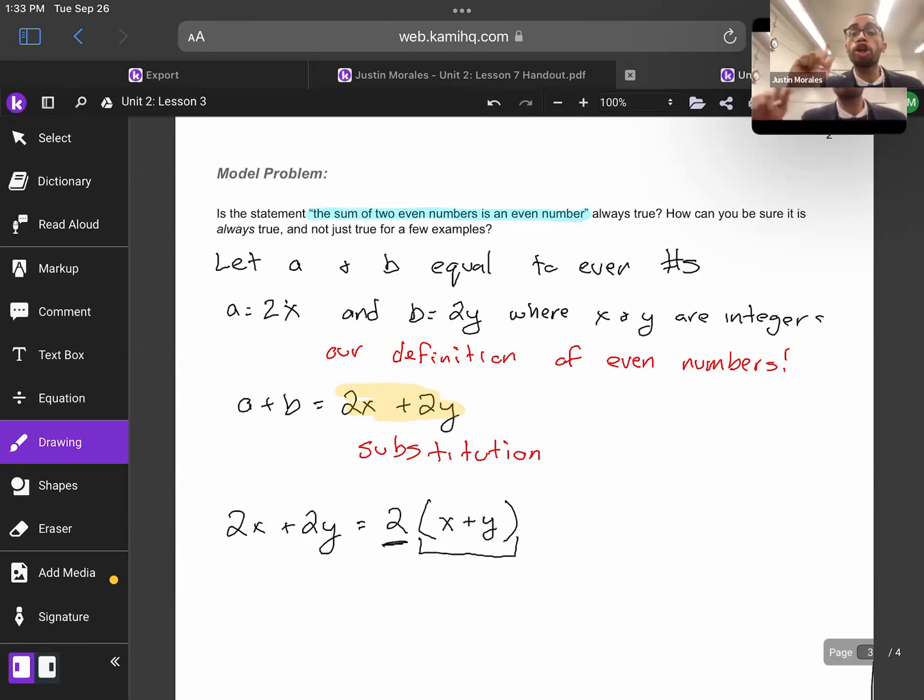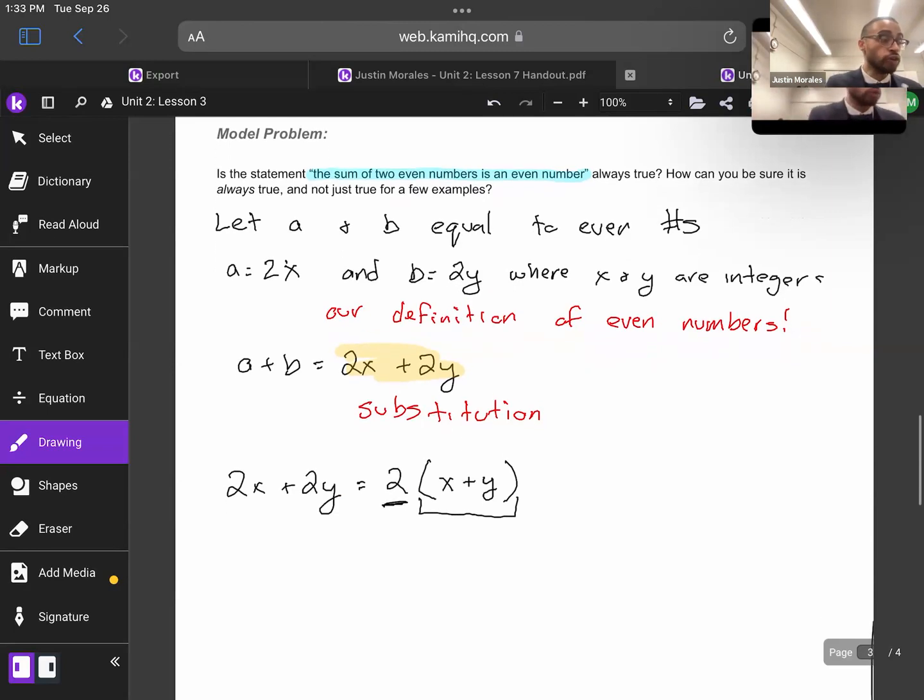But now this is where the closure property comes in. We already said X and Y are integers. And remember, under addition, we can apply the closure property on integers. So we're going to say, let Z equal X plus Y, where Z is an integer.